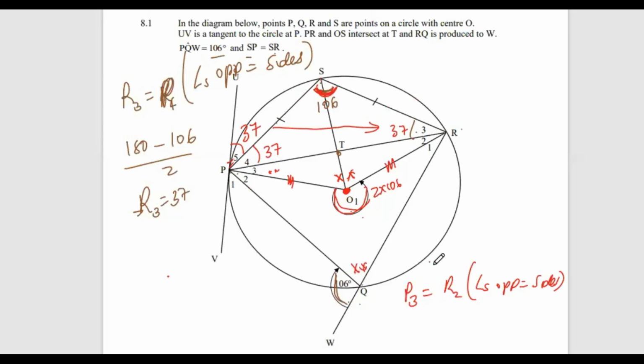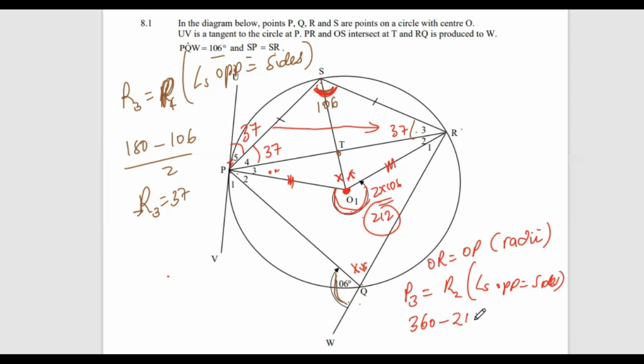Or you can say OR is the same as OP, because of radii. If this is 212, we need to find the other angle that is shorting to make it 360.